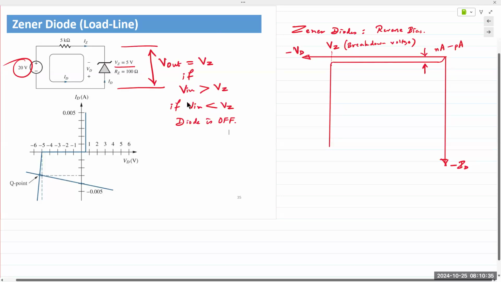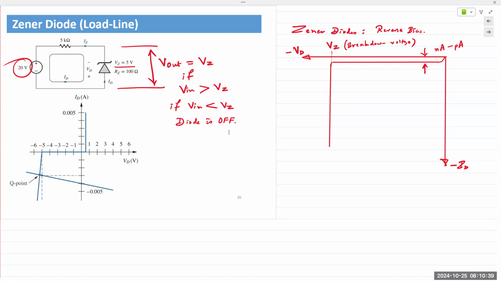introduced a little bit of the Zener diode last class, and we looked at the reverse bias characteristic. A few key things to keep in mind when we analyze Zener diodes: the positive reference for the diode itself is still at the anode. So if you refer to the diode voltage, we would say VD is minus or ID would be minus. But for Zener diodes, it's opposite because Zener diodes are always exclusively used in the reverse bias region.